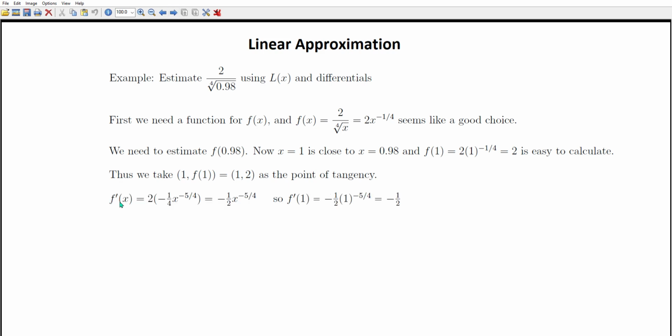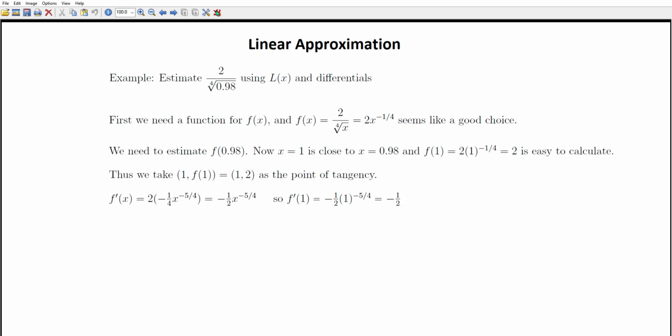We compute f prime of x. And what we can see is the derivative of 2x to the minus 1/4 is going to be 2 times minus 1/4 x to the minus 5/4, which gives us minus 1/2 x to the minus 5/4. We put in 1, and we get that f prime of 1 is minus 1/2 times 1 to the minus 5/4, or minus 1/2.